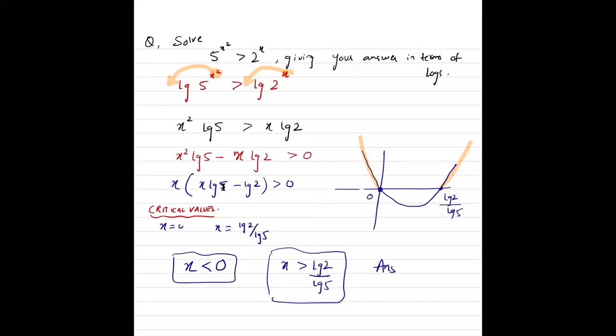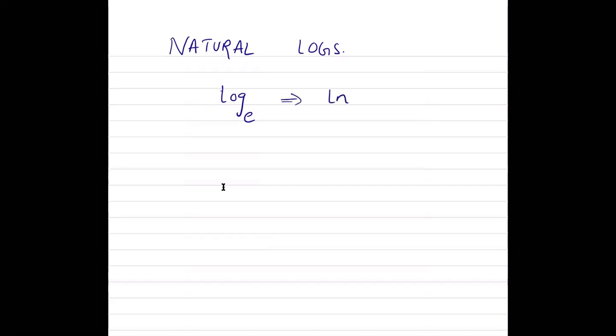Now let's have a discussion on the natural log. We refer to log to the base 10 as just log. But the name given to a log to the base e is known as ln.